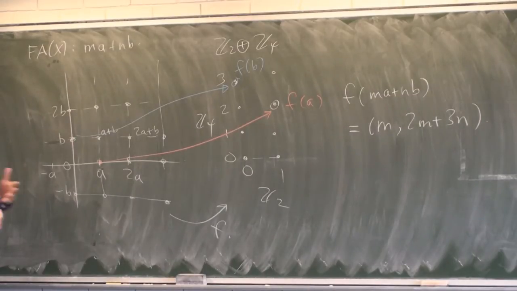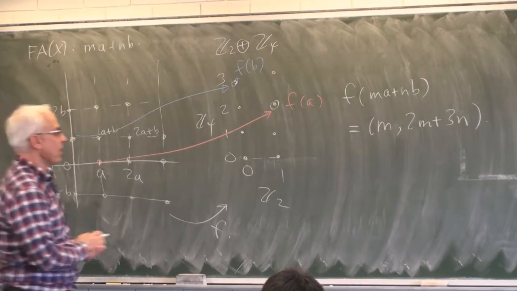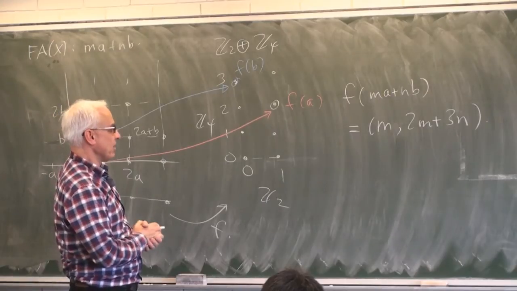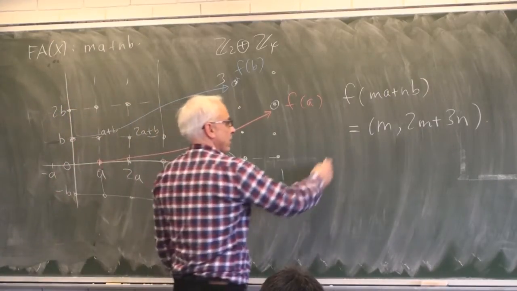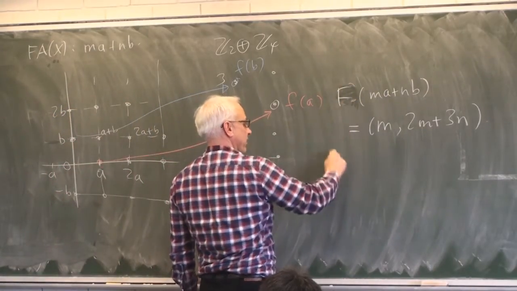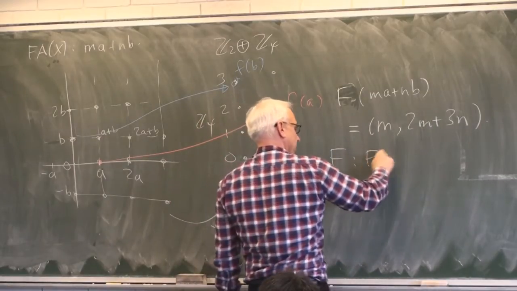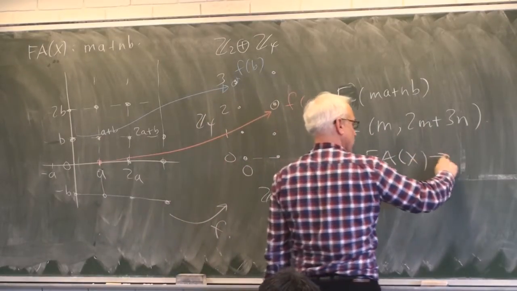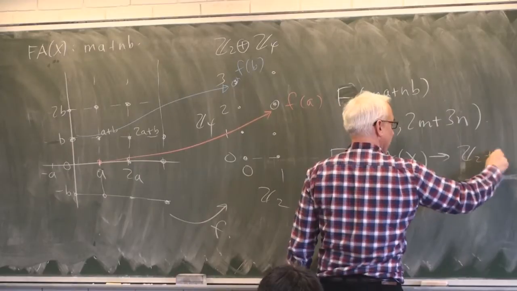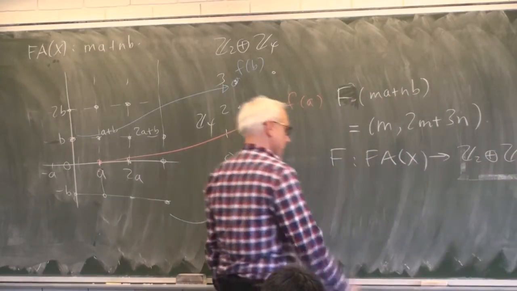And when we ever have a homomorphism like that, we should ask, is it onto, and what's its kernel? Well, it's probably not too hard to see that this is going to be onto. Maybe I call this capital F. So F is from the free abelian group on X to our group Z2 plus Z4. This is onto.